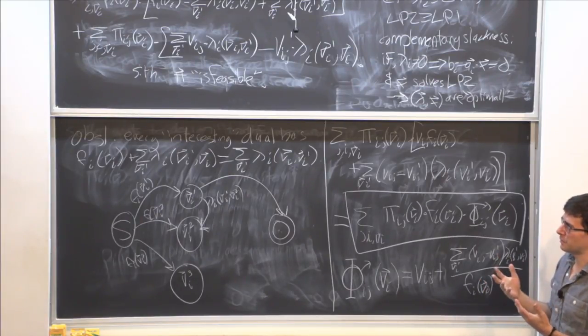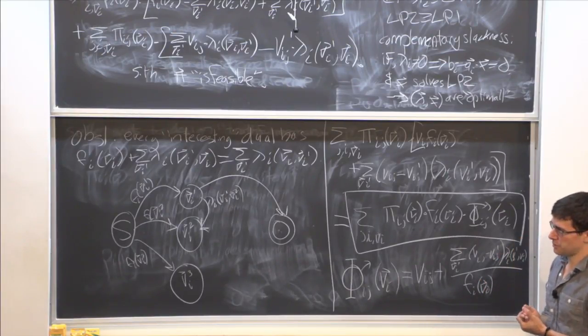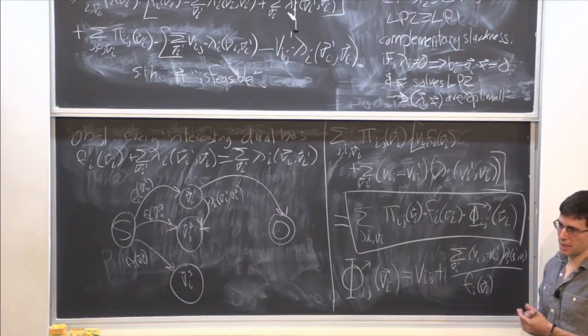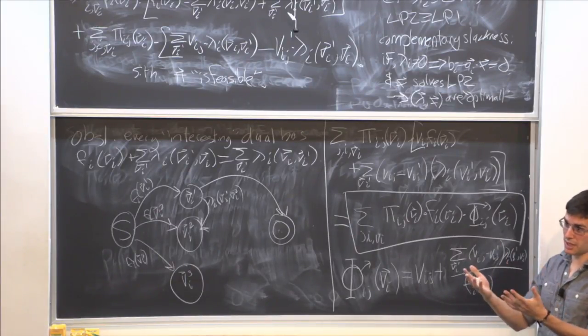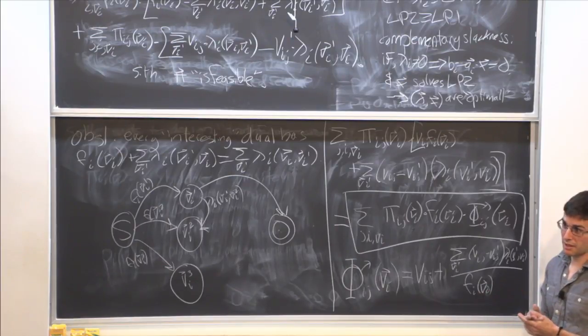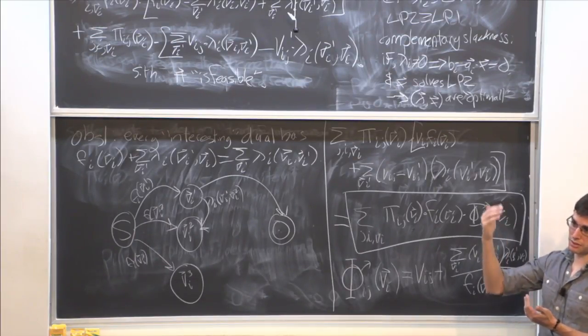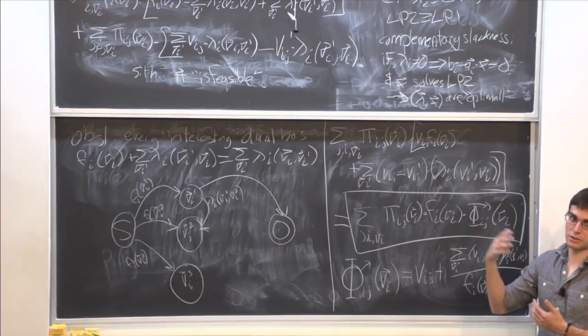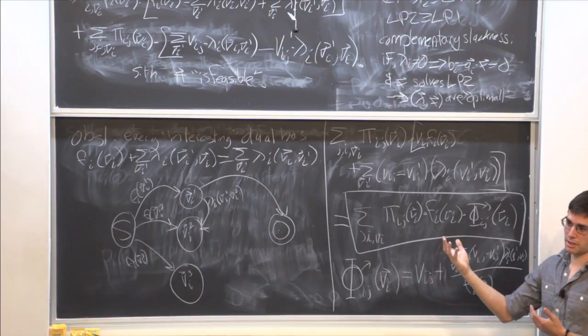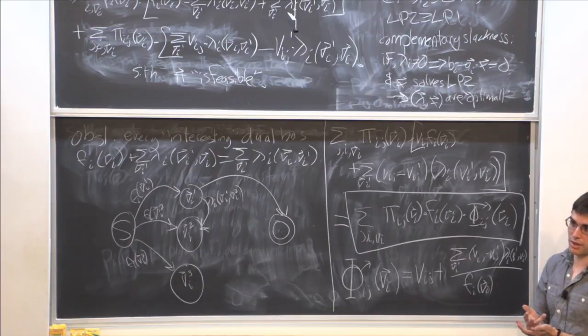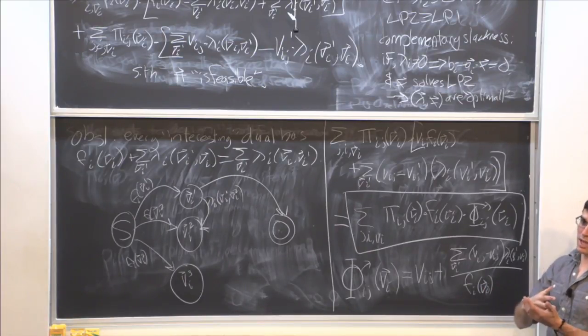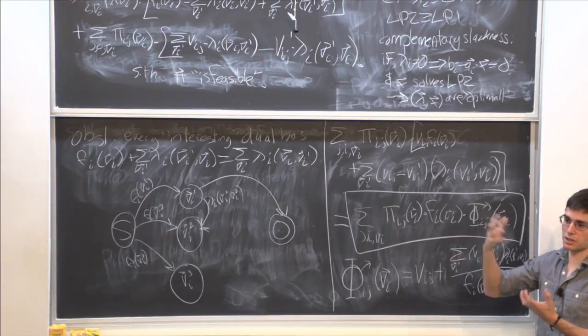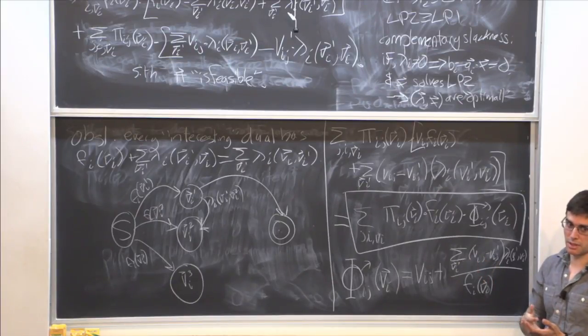Let's say I told you that I want to have a truthful mechanism and I want to give you the item when your value is 3. Then this costs me something, because now I cannot charge someone whose value is 4 the price of 4 to get the item, because they could always lie and say their value was 3. And I also can't charge someone whose value is 5. I can't charge anyone more than 3 for the item anymore.